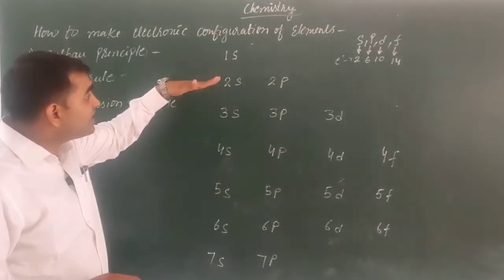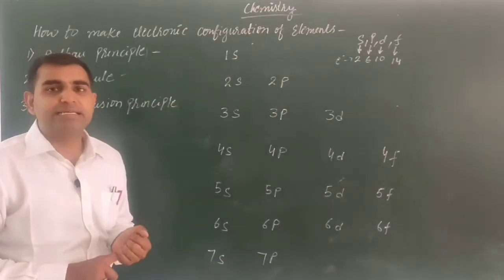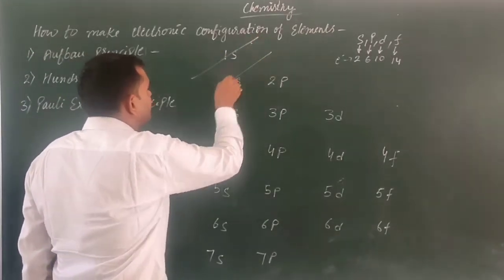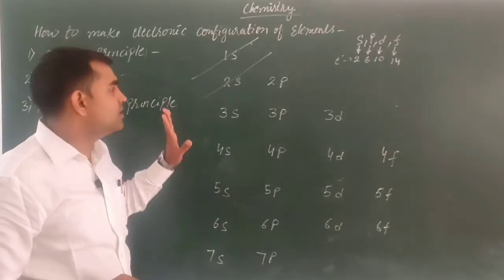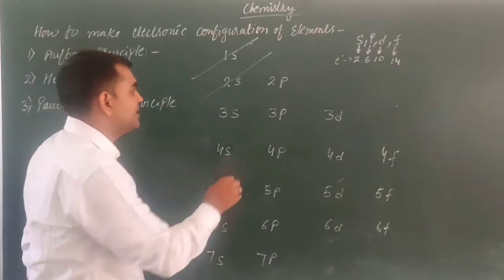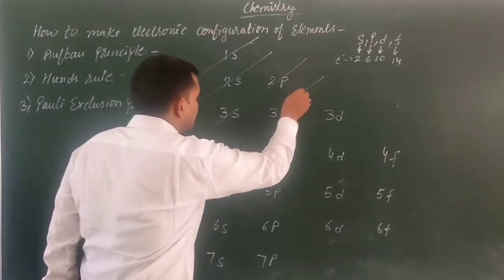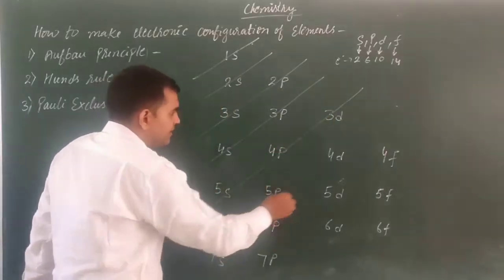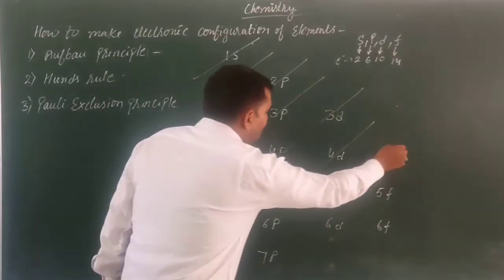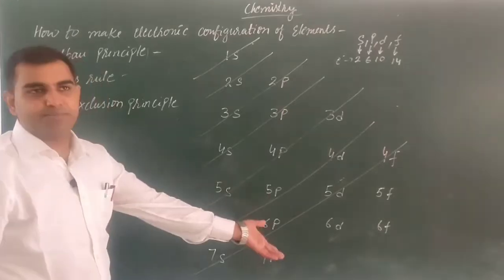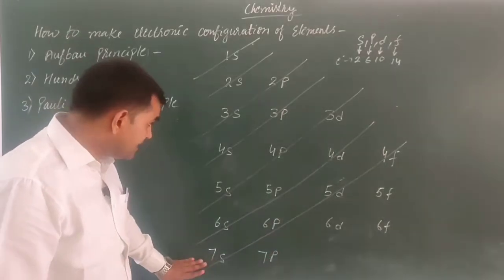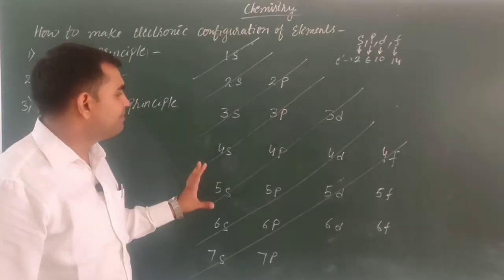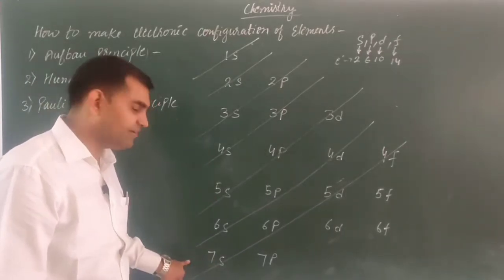Now how do we have to cut it? That is the major thing which you must know. Firstly, take 1, 1 in the first 2 steps, then 2, 2 in the next step, then 3, 3 in the next 2 steps, and then 4, 4 in the next steps. Okay, up to 7s you will find the maximum number of elements is completed, that is the 7th energy level.